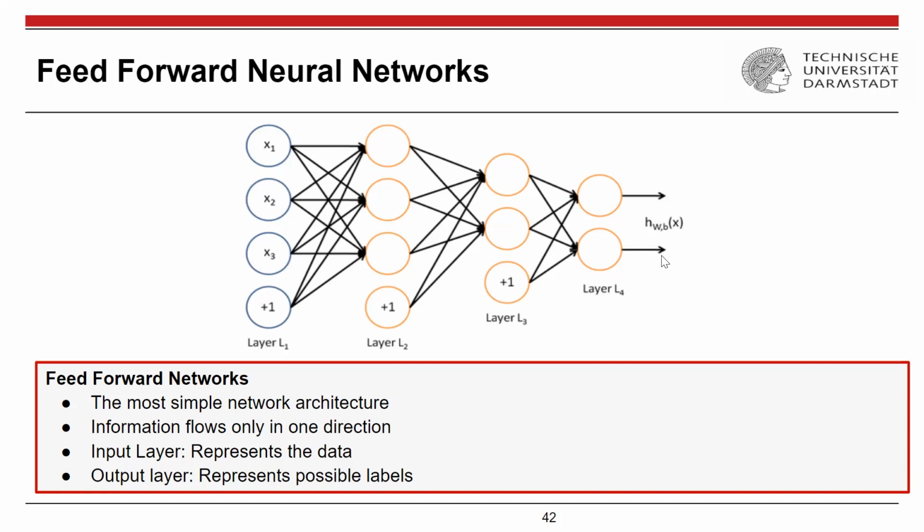If that output is close to what you actually want it to be, then the weights will not be updated that much. But if the output is very far from what you want it to be, then these weights need to be updated to compensate for the discrepancy between the actual output and the obtained output. So that is what the process of a neural network actually does.